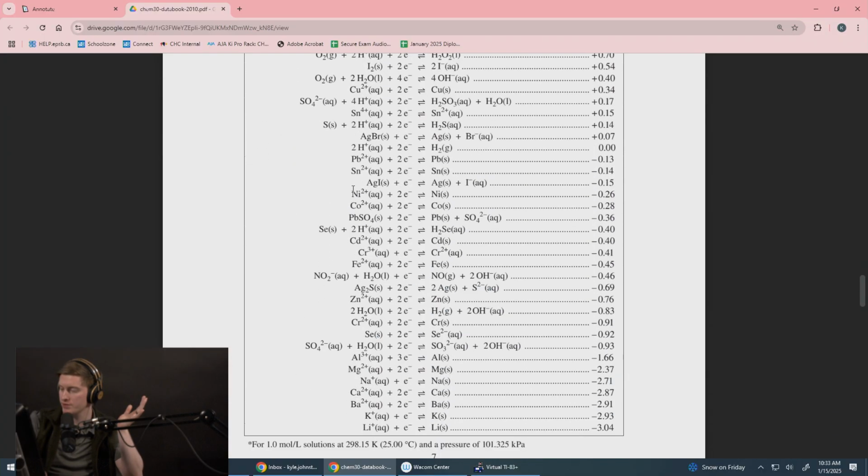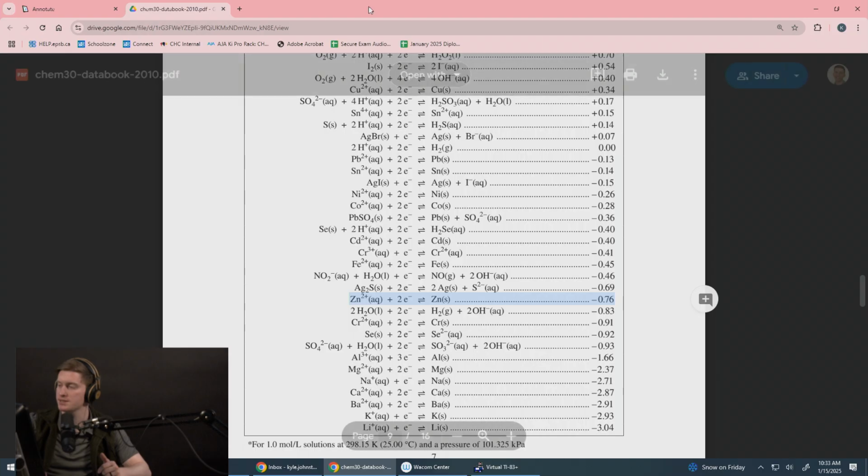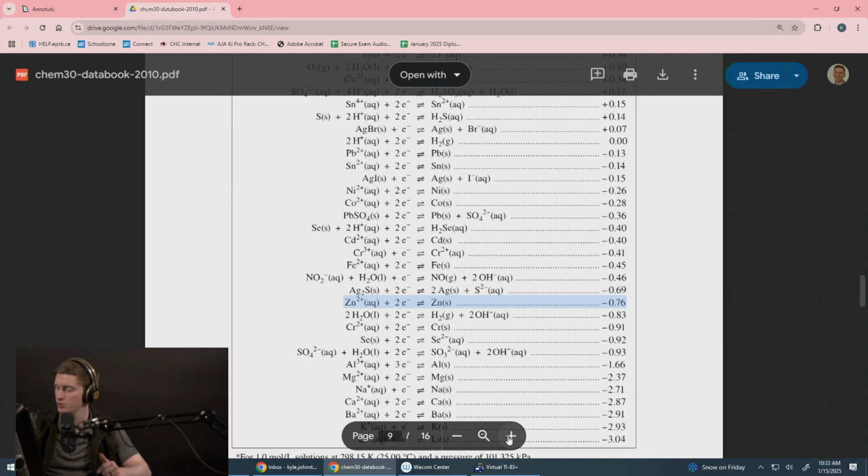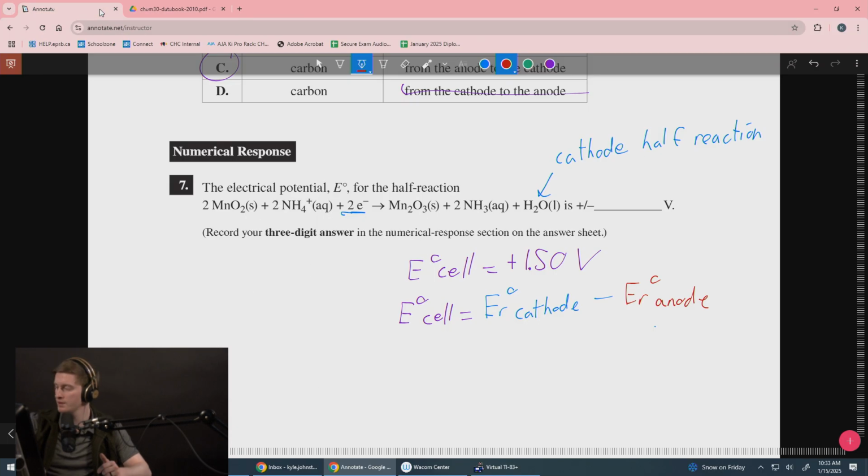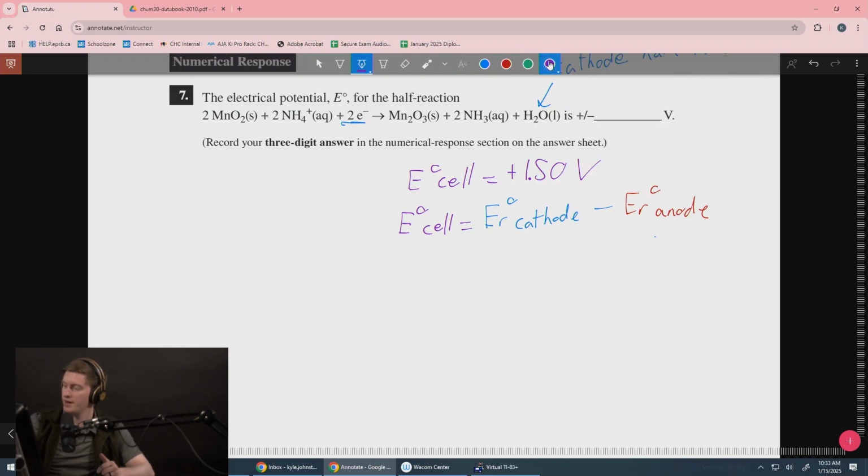So we're going to scroll down till we can find our zinc reduction reaction, which is right here, negative 0.76. I'll zoom in a little bit. So we know that our positive 1.50 volts equals our cathode half reaction potential minus our negative 0.76 volts. This is from the redox table.